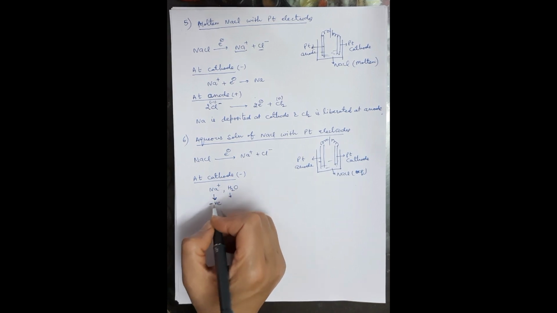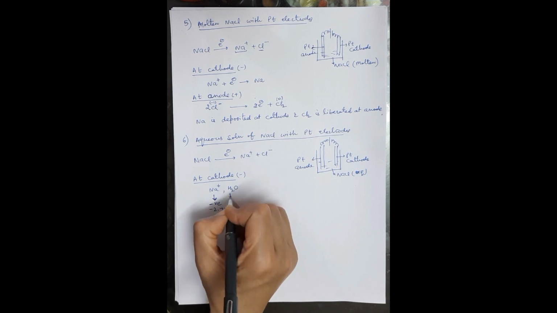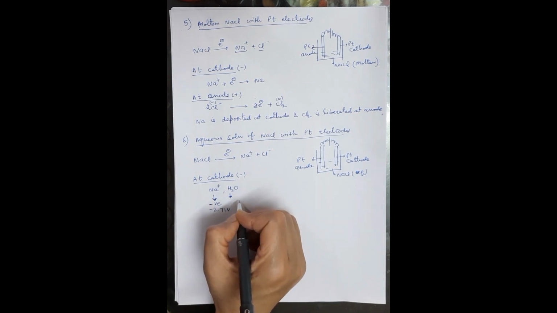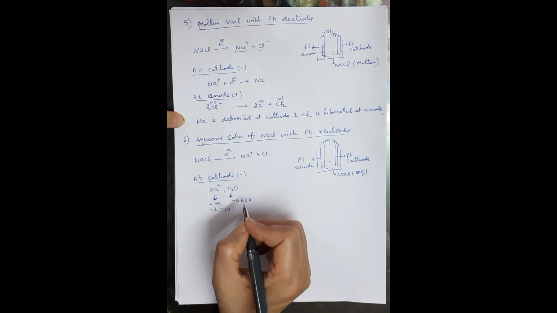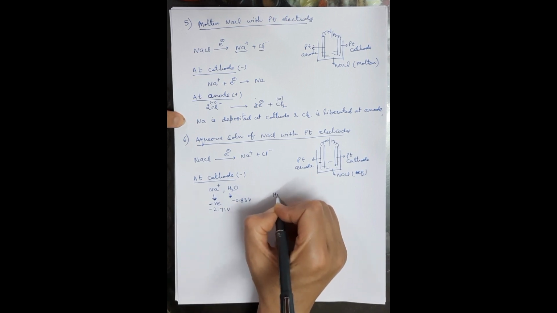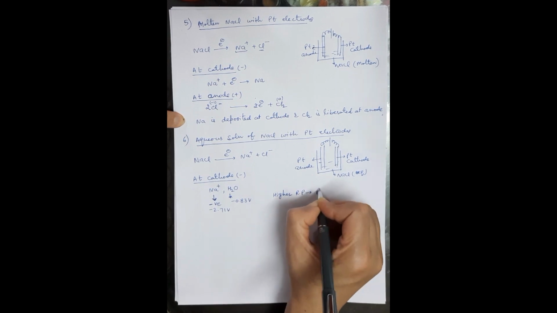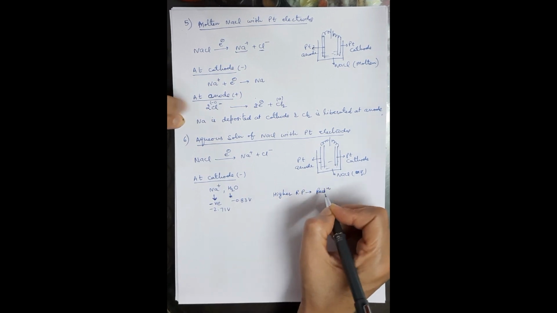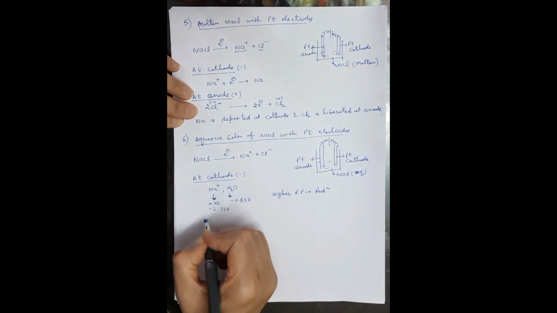It is actually minus 2.71 volt, whereas for water it is minus 0.83 volt. Who will undergo reduction? One which has higher reduction potential will undergo reduction. This is the rule. In this case, water has higher reduction potential. So water will undergo reduction.